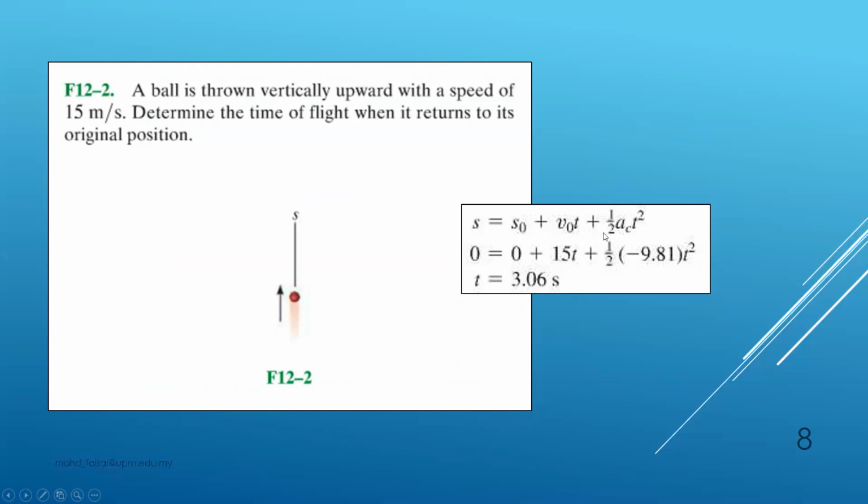Okay, what happens is this is the general formula that you can use. The derivation I will discuss with you later in the class.